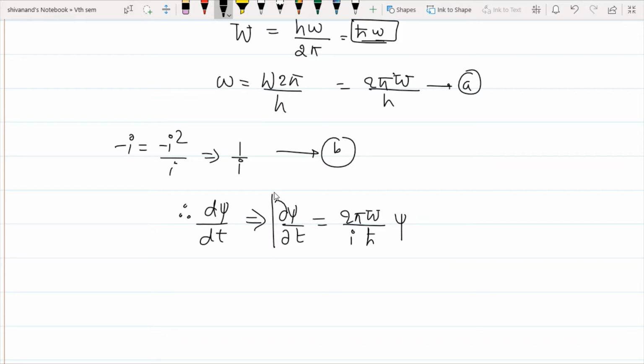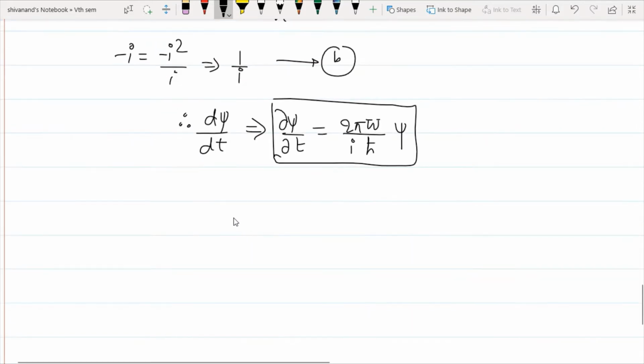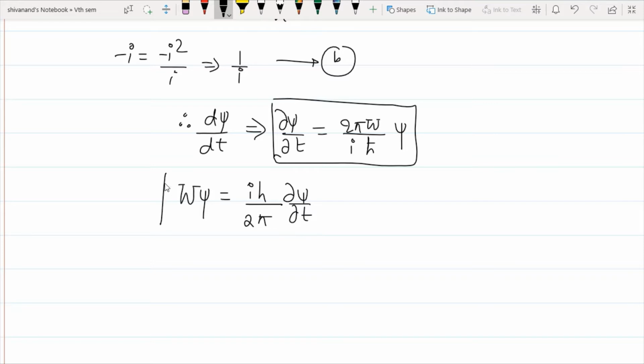That gives the differential equation with respect to time. Now extracting the total energy, W psi becomes i h divided by 2 pi into dou psi by dou t. Let me call this equation 2.